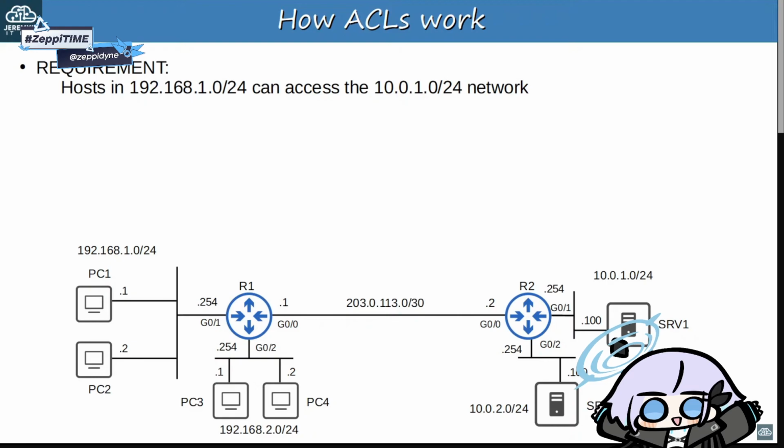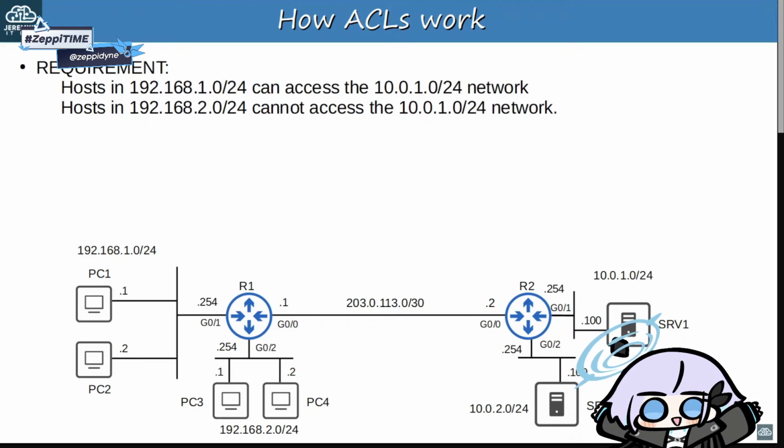They should be able to access files on server 1, for example. However, hosts in the 192.168.2.0/24 network should not be able to access 10.0.1.0/24. PC3 and PC4, for example, should not be able to access files on server 1. How can we use ACLs to achieve this?